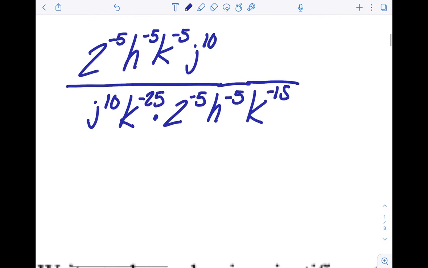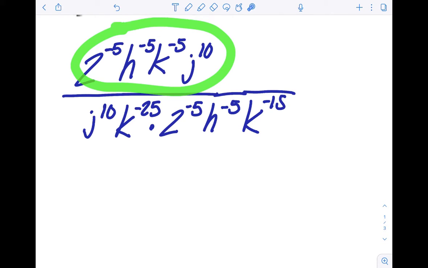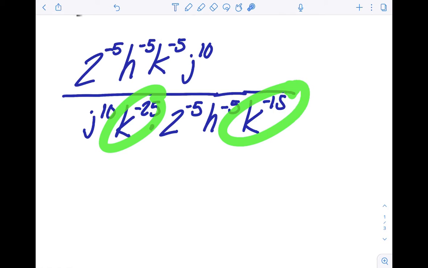Right? So what I'm going to do here, everybody, is I'm going to bring everything together that I can. All right, so up top here, nothing is combining, but here on the bottom, I have this k and this k.